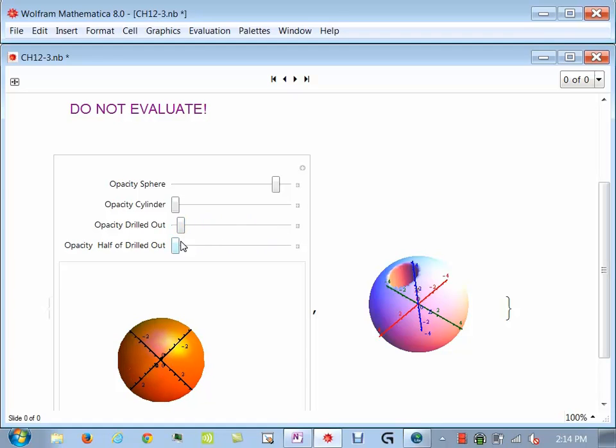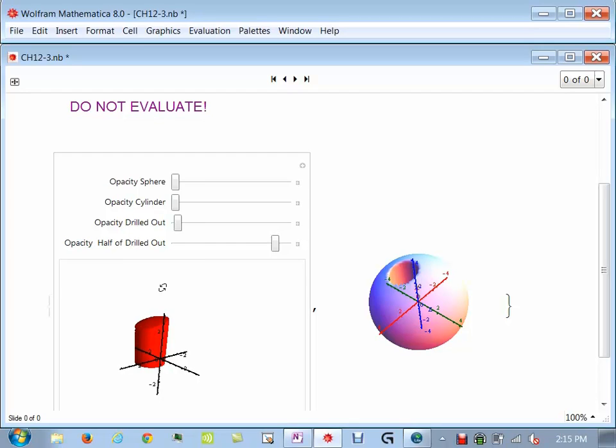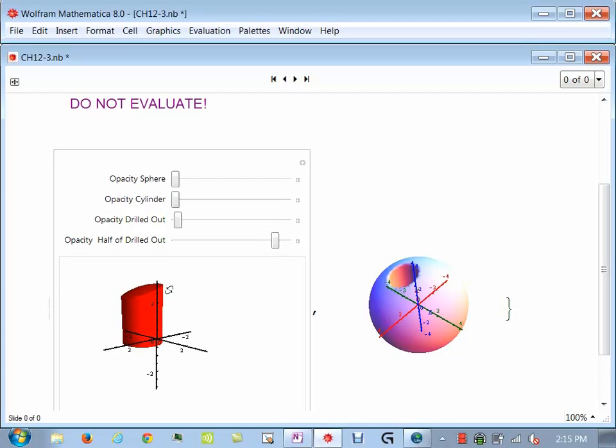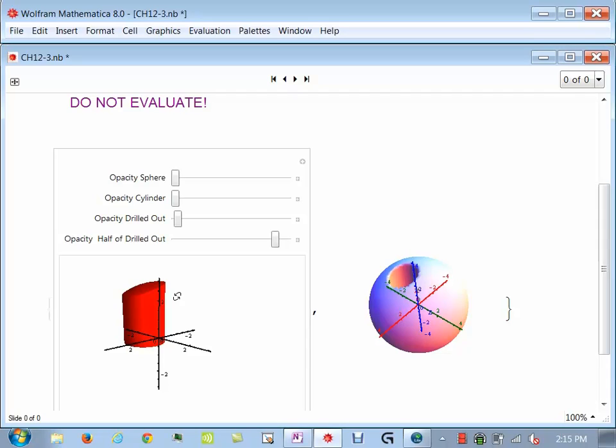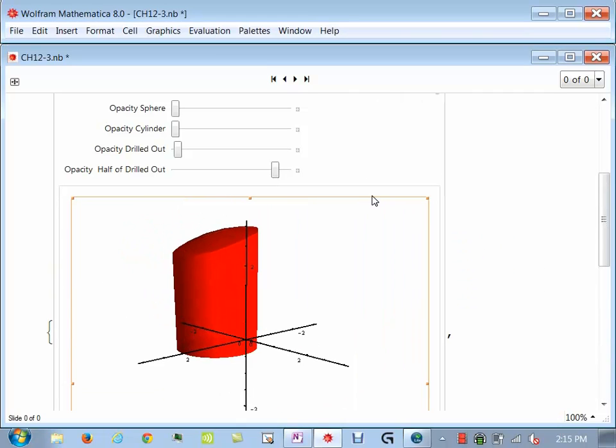This right here is a picture of what's been drilled out, but only the top of it. What I was trying to get you to see is that that is not a cylinder that has had a slice like a plane through it.